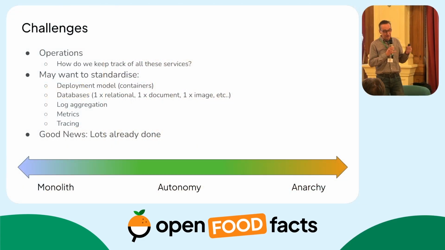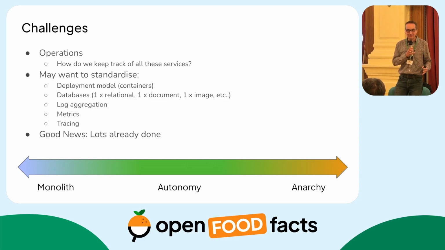But it's to create a technical environment that supports the community, structured in a way that works best for that community. You do have to standardize a few things. I often say this to other people. There's a balance between autonomy and anarchy, and you don't want to go too far because it can be chaos, and there is only a small permanent team who have to keep this stuff up and running.